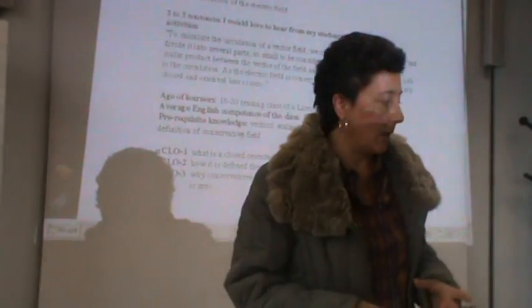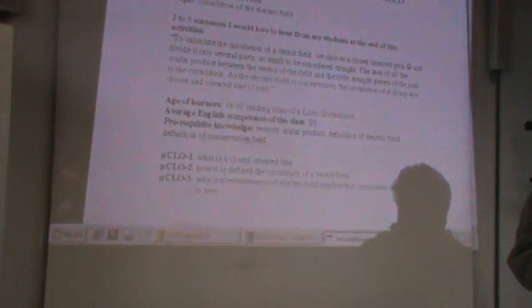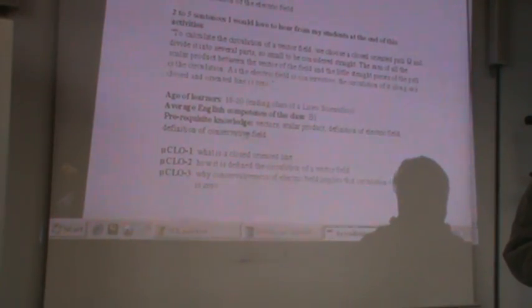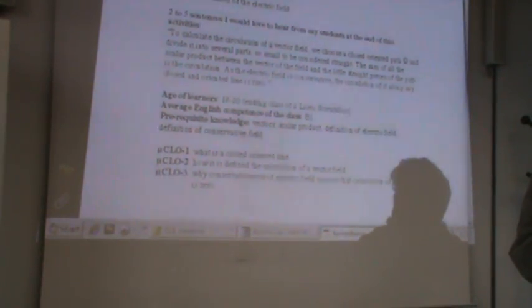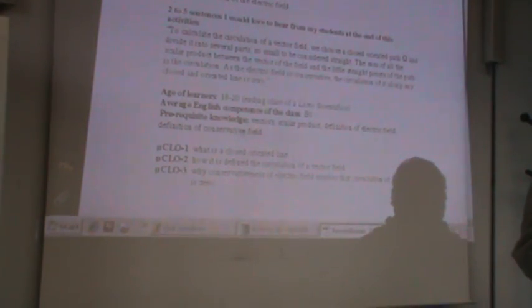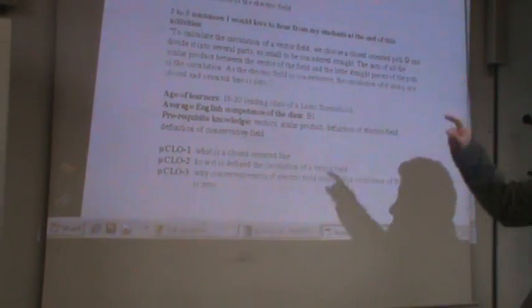I described very quickly the content of the CLIL methodology, and gave them an introduction about the topic. They watched a very short video about the circulation of the electric field in physics, and I proposed them to make groups, to choose an activity, and to develop one exercise at free choice.